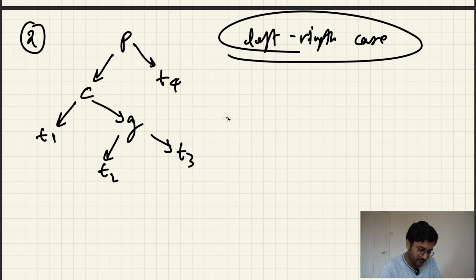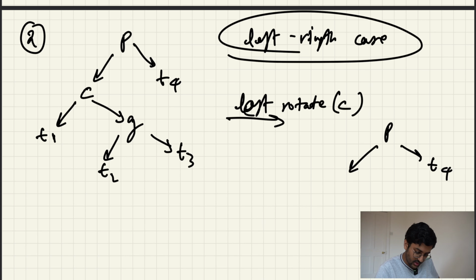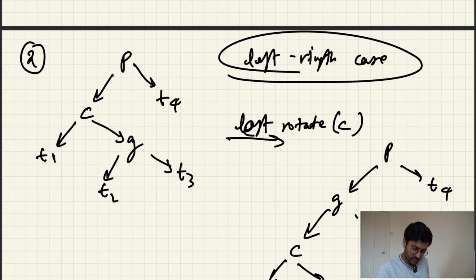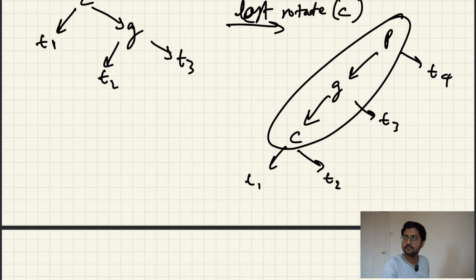I will do left rotate C, that will bring G above. So it will make my tree something like this. G will come over here, and then child will come over here, tree 1, tree 2, T3.